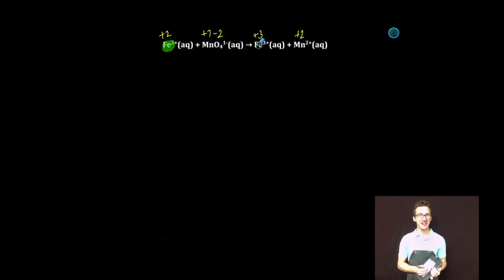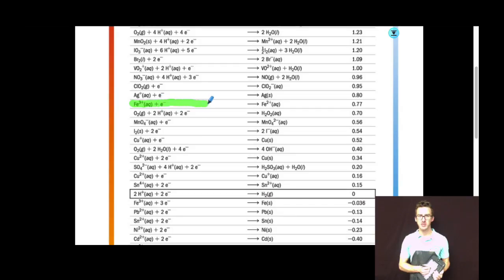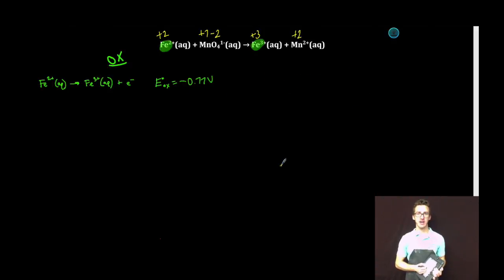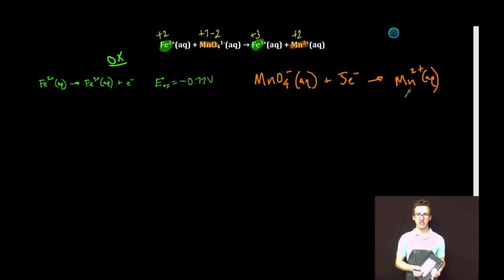This sucker's being oxidized, going from +2 to +3. Boom! Oxidation half reaction. As I check my reduction potential list, my oxidation potential, same value, opposite sign. The manganese in the permanganate ion goes from +7 to +2. Boom! Reduction half reaction.